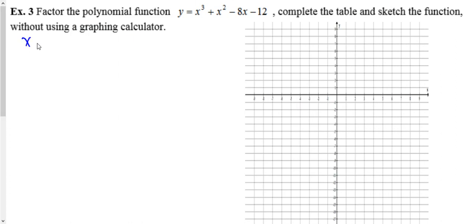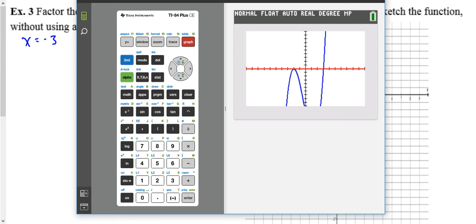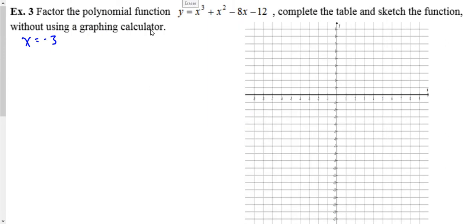So x equals negative 2 and x equals positive 3. And again, you could have just combined that, but I'm just going to write it separately for now.